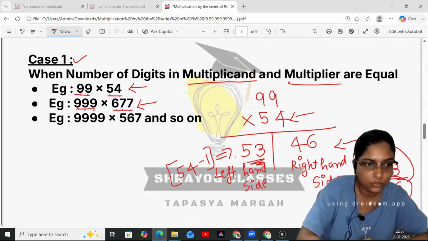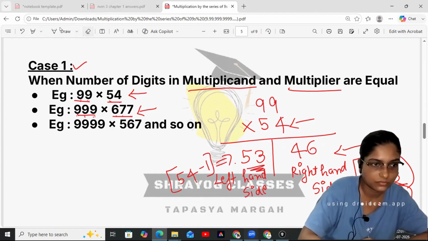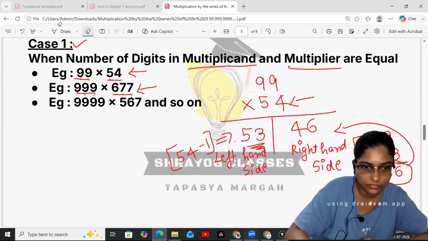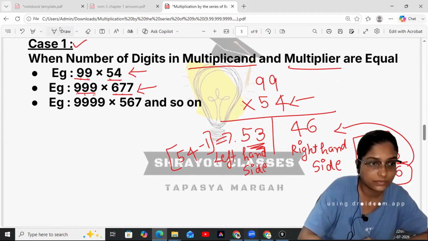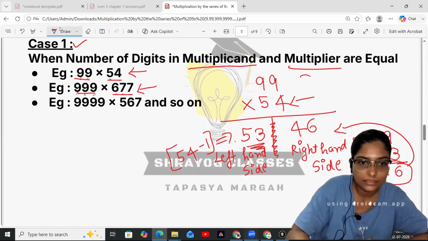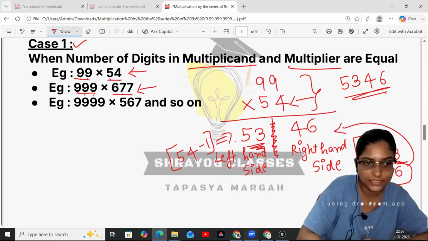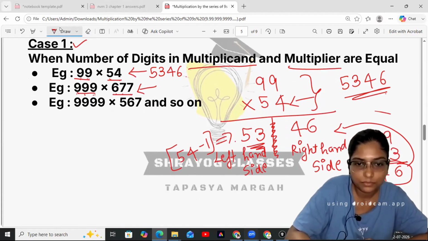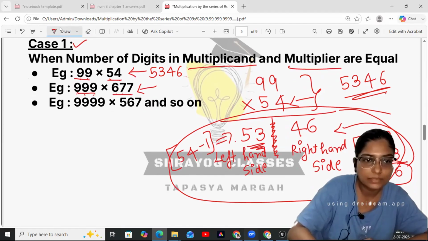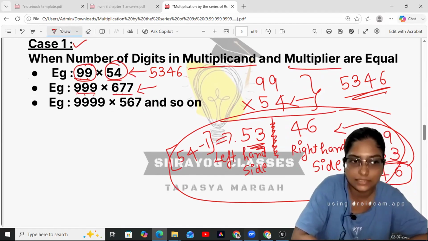Once I am done, I will erase the rough work, and the multiplication answer will be 5346, and this becomes my final answer. This particular method can only be used when the number of digits in multiplicand and in multiplier are similar.